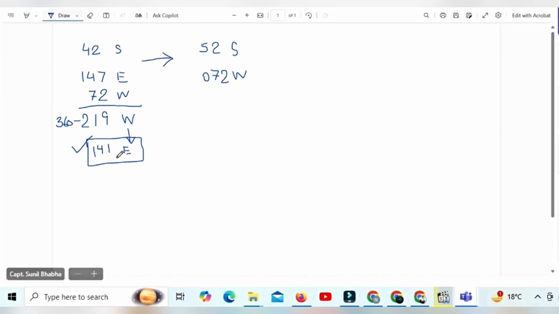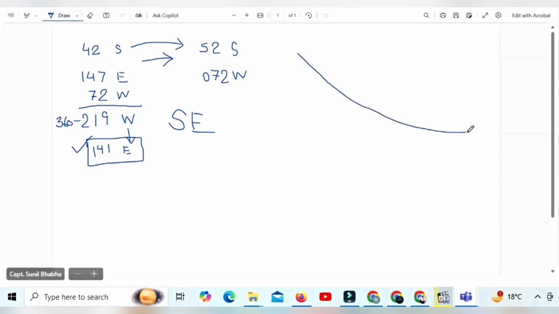Yes, clear, sir. So now the making of the diagram is very, very simple. You are moving from 42 south to 52 south, which means you are moving in the south direction. And the D long tells us you are moving in the easterly direction. Both these positions are in the southern hemisphere, so we will take the south pole. I will draw a course in the southeasterly direction like this.